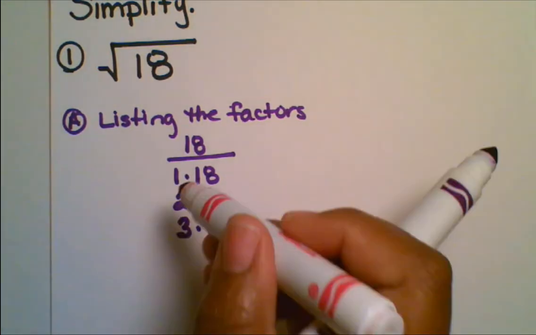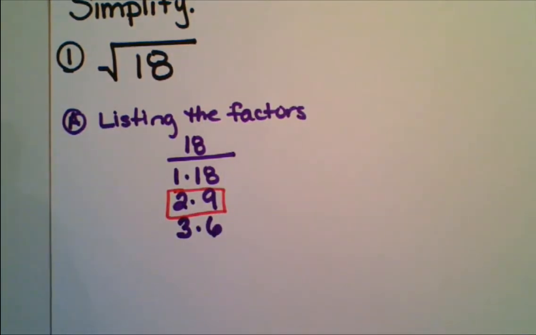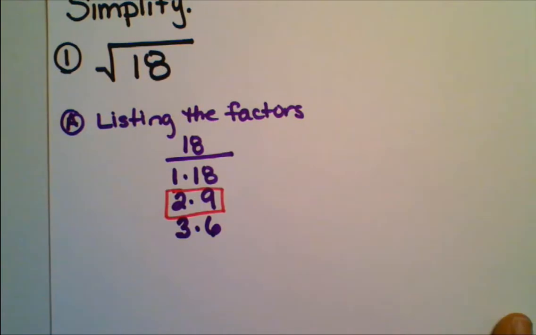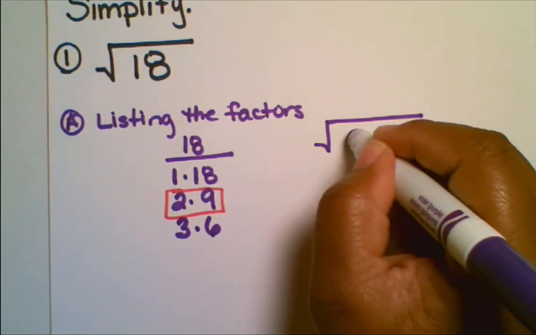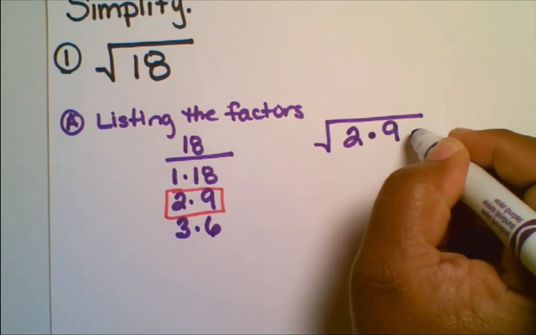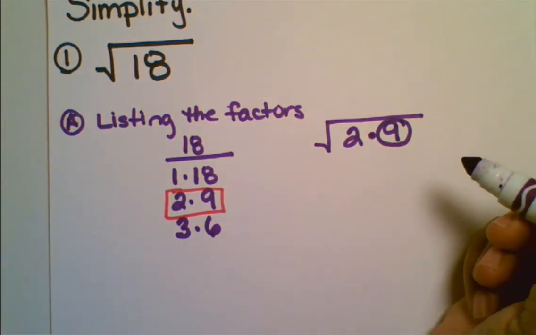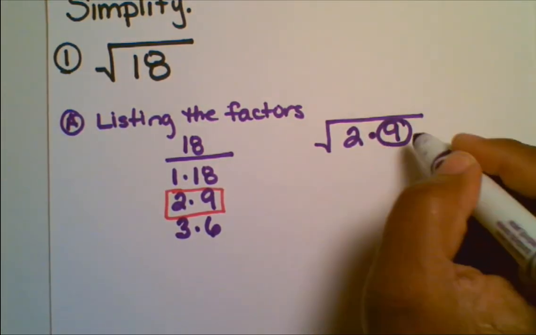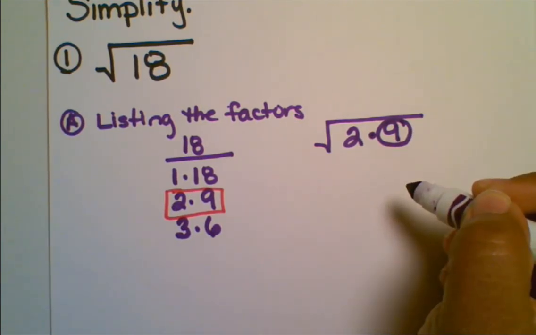You notice that 9 is a perfect square, so you have the factors 2 and 9. List them and circle the perfect square factor, which is the 9. This is the factor that you're going to take the square root of.